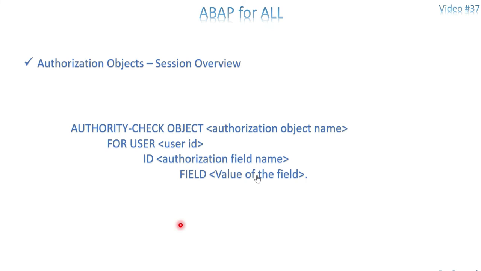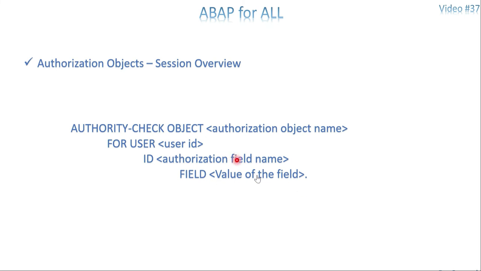And then, the syntax of the AUTHORITY-CHECK OBJECT statement is: AUTHORITY-CHECK OBJECT, your authorization object name, and FOR USER, the user ID. This is optional, but I'm going to use it because I'm using a dummy user. Then ID, the authorization field name, whatever you used over here, you have to use. For example, for transaction, the transaction field name.